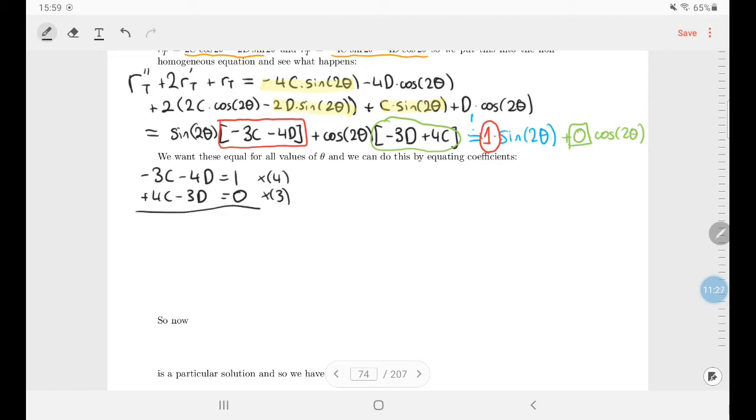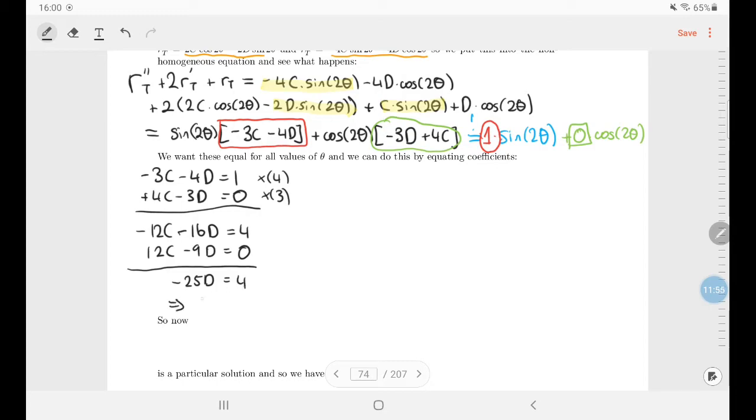So if we do that, we'll get minus 12c minus 16d equals 4. And the other one, you get 12c minus 9d equal to 0. And we're going to add these together. And we get minus 25d is equal to 4.